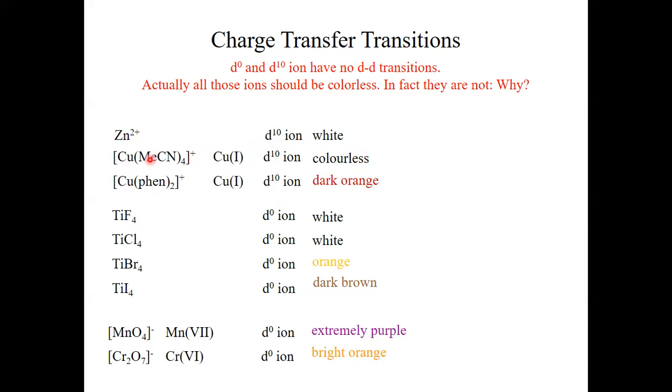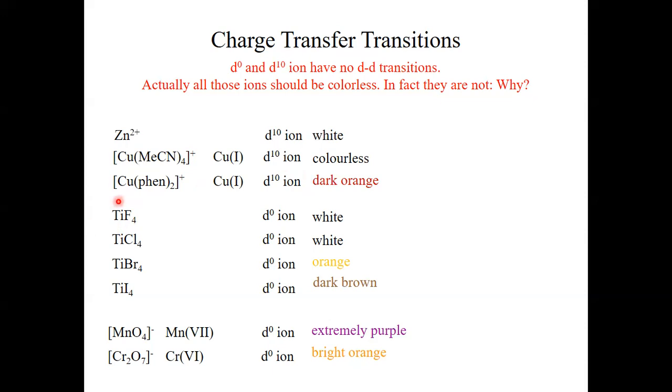However, if you exchange the ligand and go from an acetonitrile ligand to a phenanthroline ligand, then despite our expectation that our complex should be colorless, because again we have a copper(I) ion, our complex is surprisingly dark orange. So that dark orange color cannot be explained by dd transitions. So what is the reason for that color?